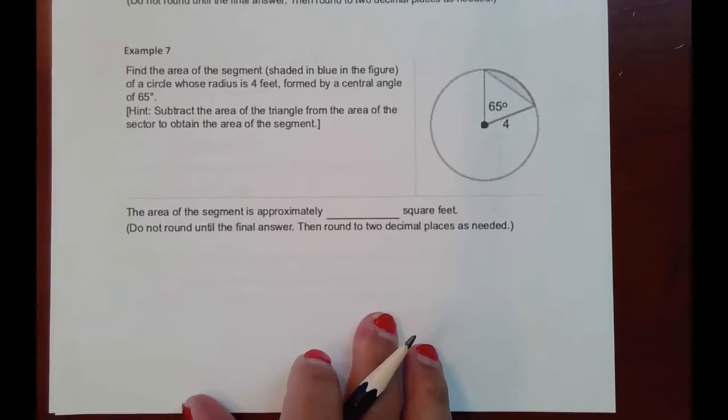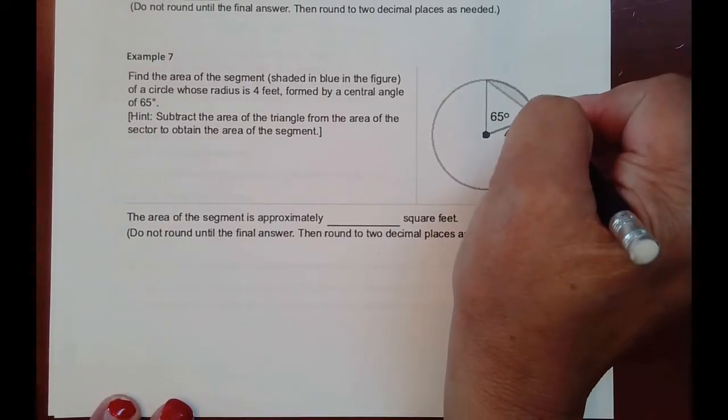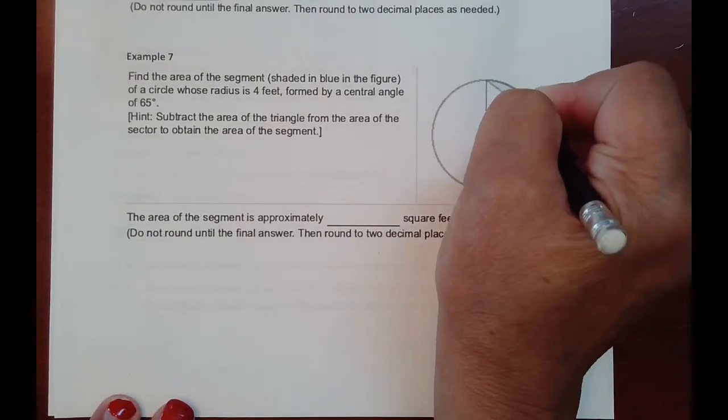Okay, moving to example 7, where we're mixing a triangle inside of a circle. It says find the area of the segment shaded in blue, well, that's going to be this right here. The blue didn't come out in the copy.